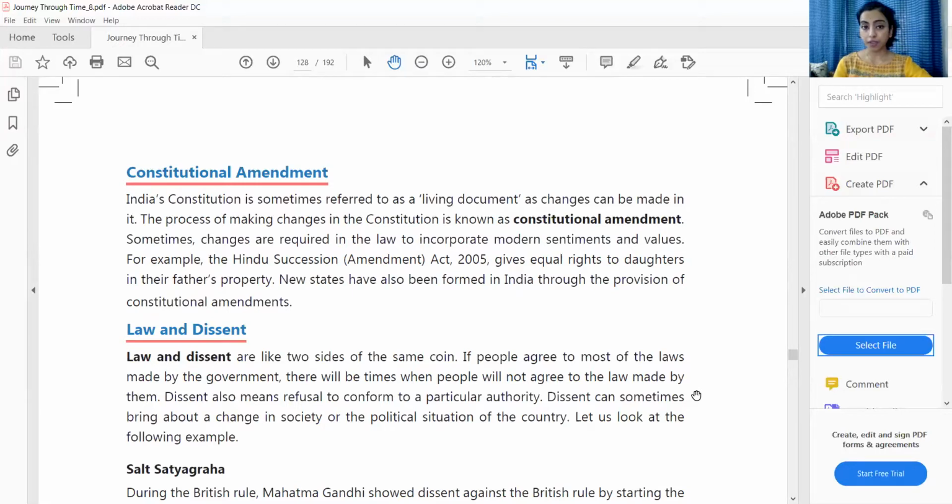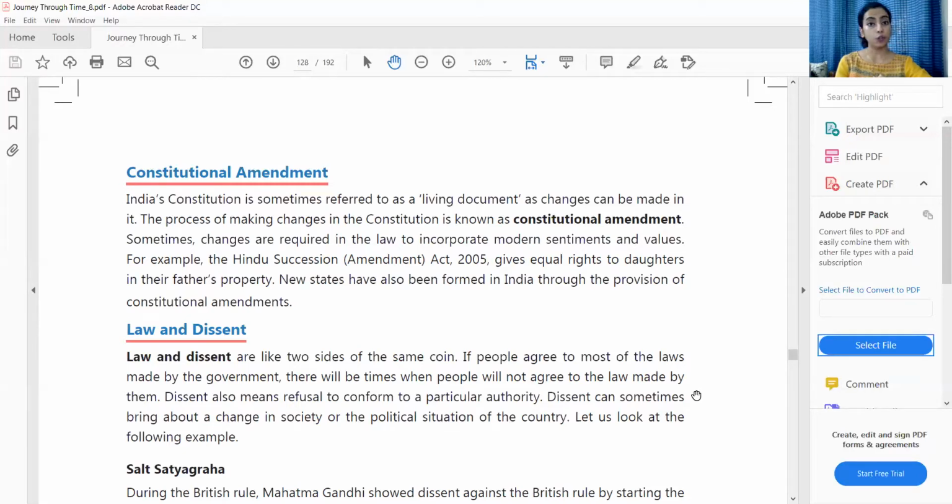Sometimes changes are required in the law to incorporate modern sentiments and values. As I said, as we keep on moving with time, the laws also keep on changing. For example, an example is given here, the Hindu Succession (Amendment) Act. When in brackets it says amendment, always remember that it is not the original one. Some changes have been made to it. It gives equal rights to daughters in their father's property.